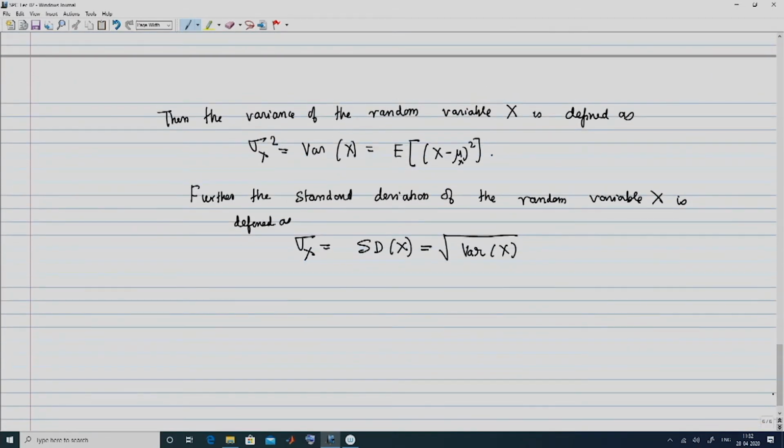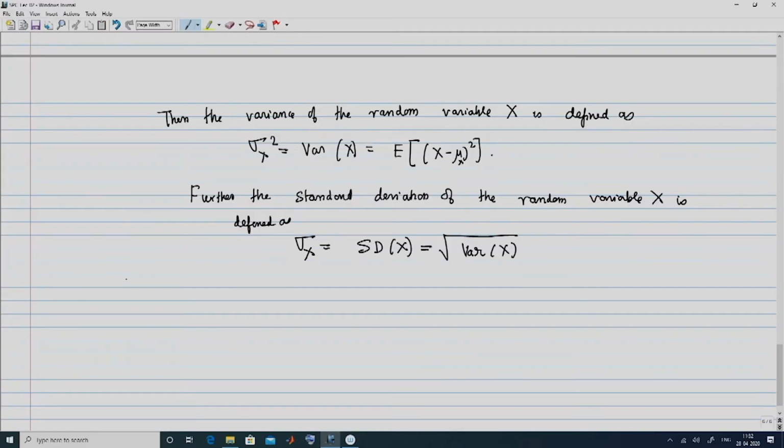Okay, so now that we have defined expectation and variance, and we have looked at a couple of properties of the expectation, the next thing that we will look at is certain properties of variance. So accordingly, we start off with this notion of properties of variance.